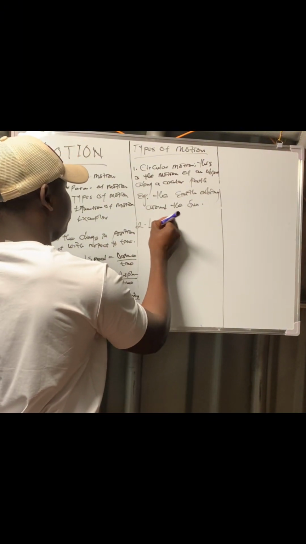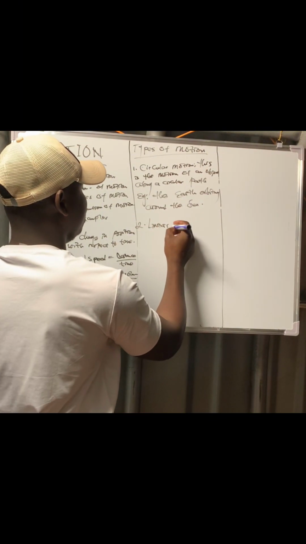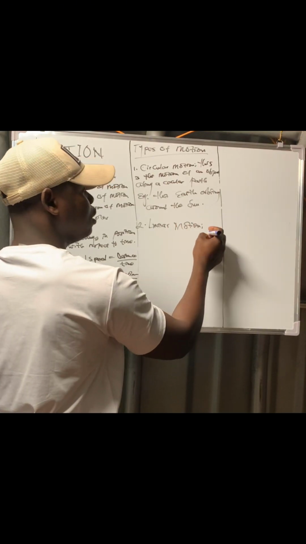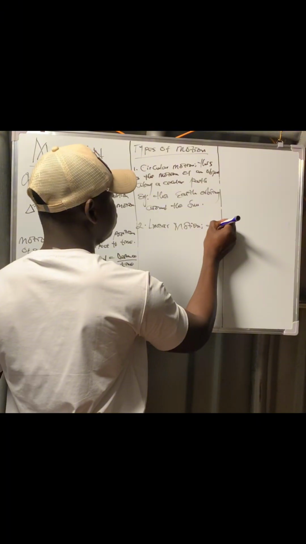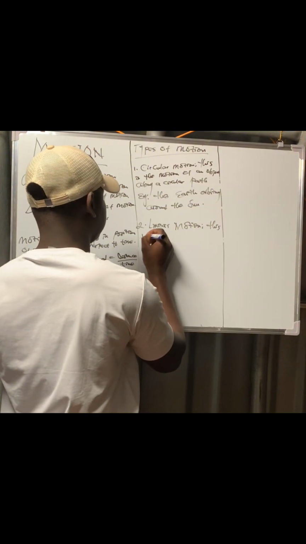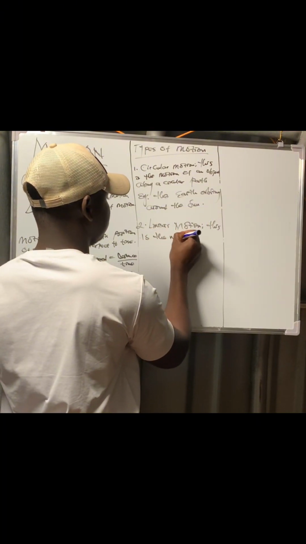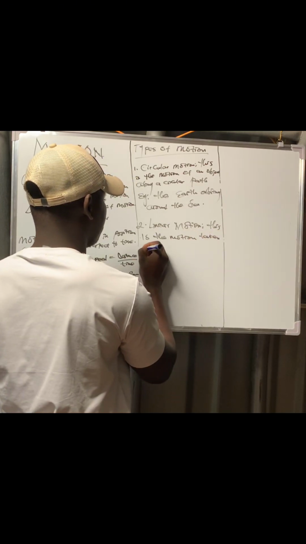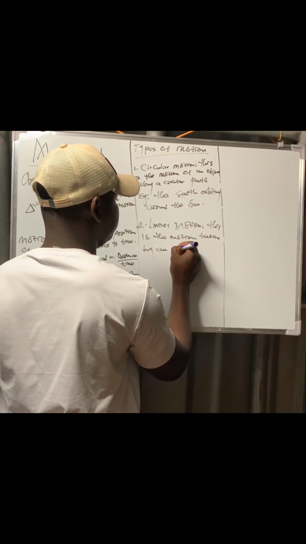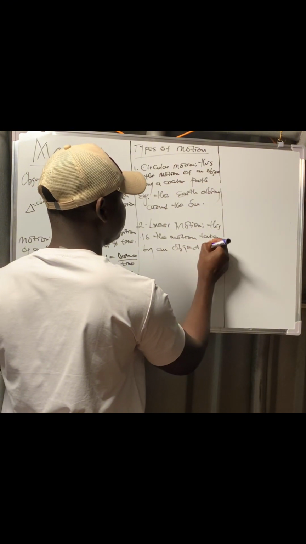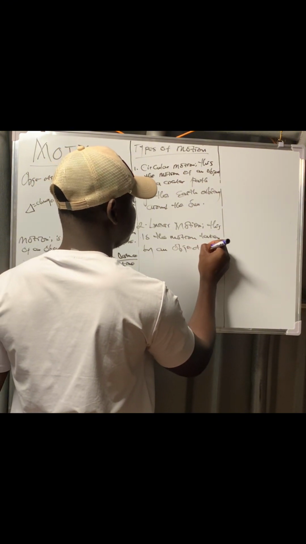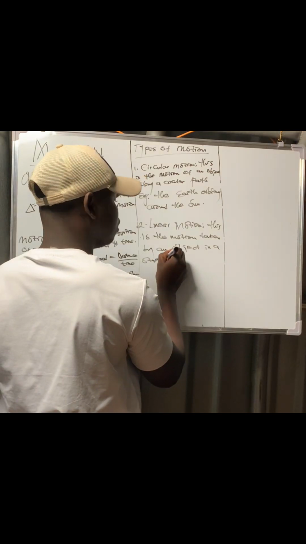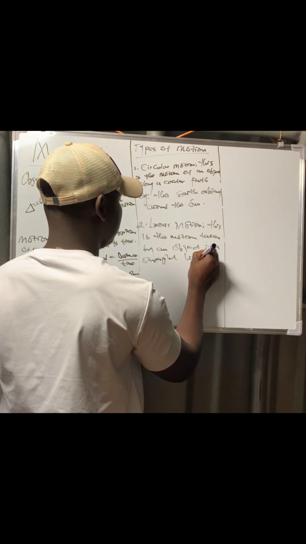Two, linear motion. This is the motion taken by an object in a straight line.